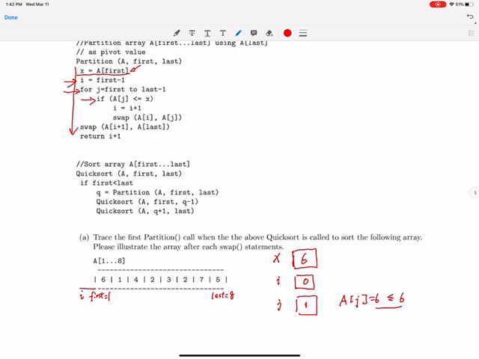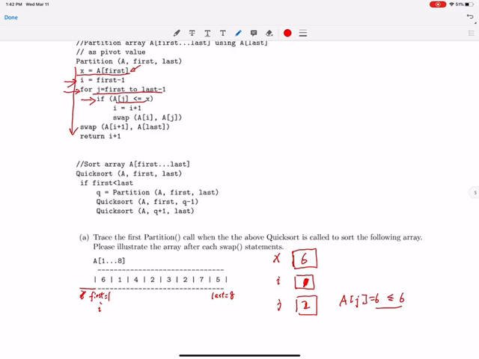So that means this condition is true. i is incremented, so i will be here, and then swap A[i] with A[j]. Nothing will happen, no change will be made. Now we go back to this loop, and j is incremented to 2.